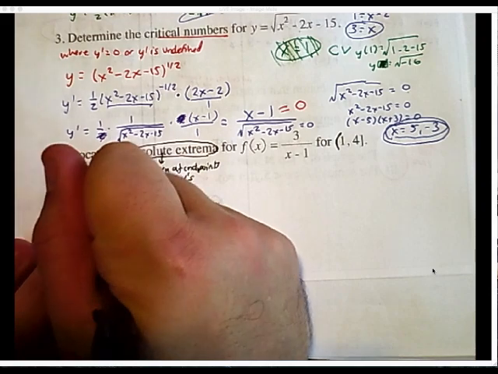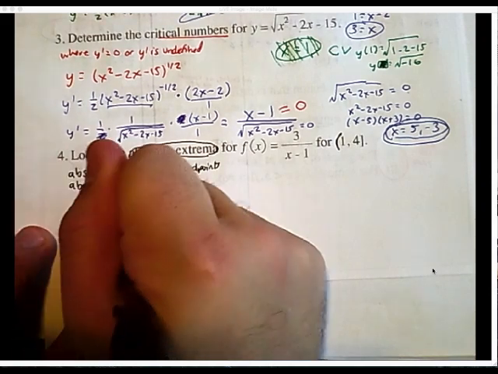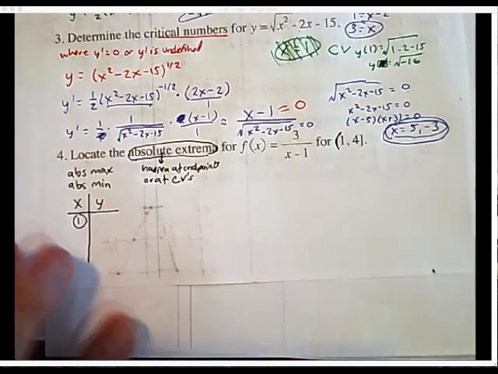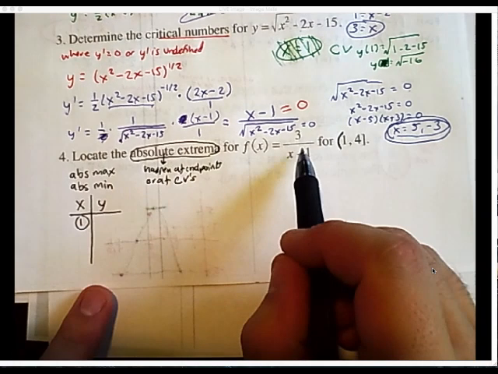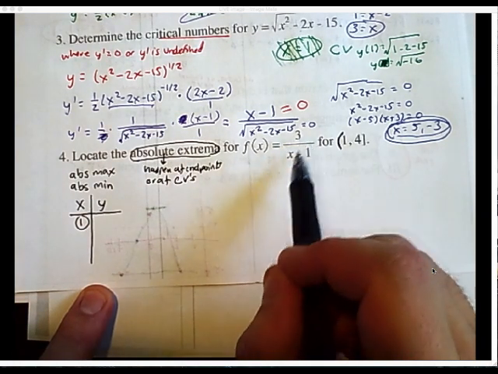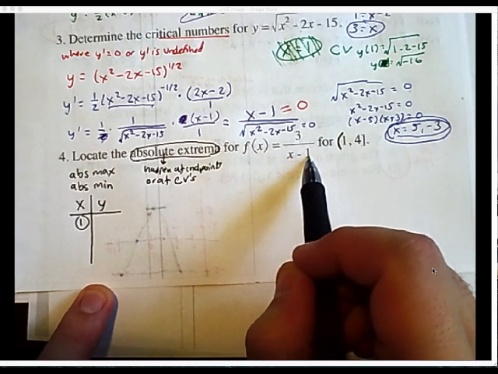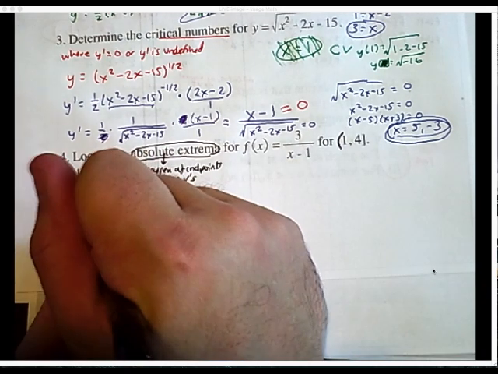But let's say it wasn't an open interval. Let's say it was closed. I'm just going to put 1 with a circle around it so I know that when I plug 1 in, that's not a real point on the graph. If I plug 1 in, 3 over 1 minus 1, I can't get it. It's undefined.